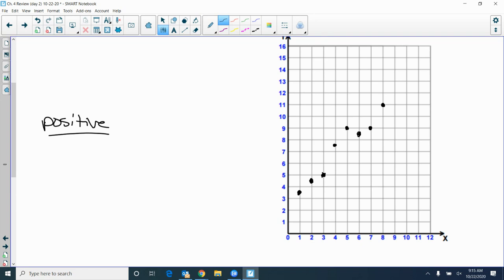Now I can do 15 on here as well. Use a scatter plot from problem 14. Draw the line of best fit and predict what the y value will be when x equals 10. Okay. The line of best fit, remember, you do not connect the points. You try and draw the line. Now it's a heck of a lot easier for me, because look at this. Would that be the line of best fit?